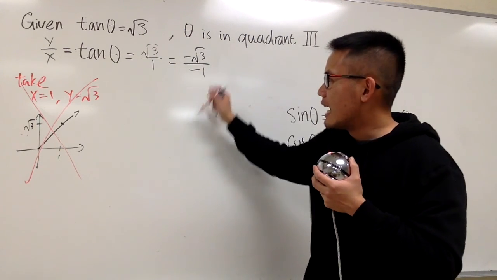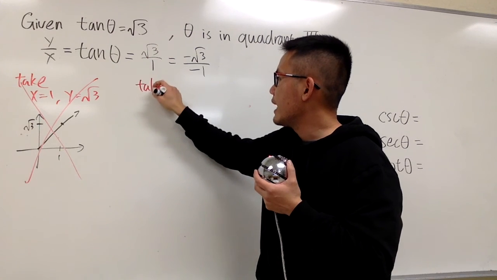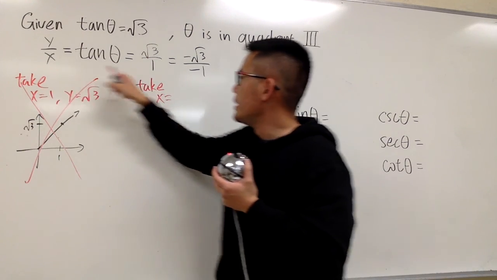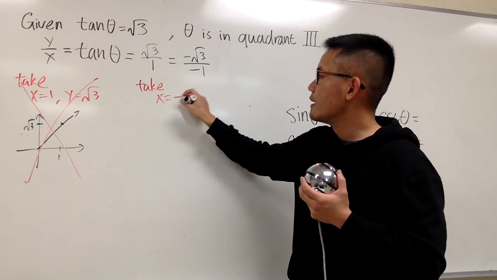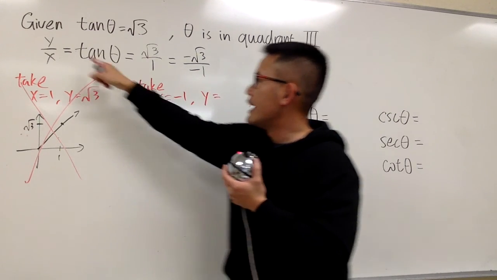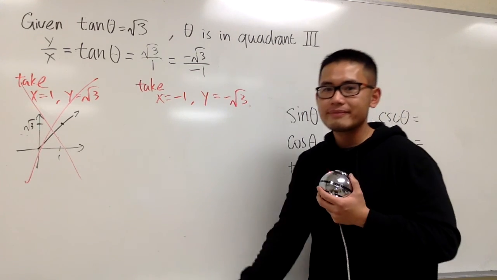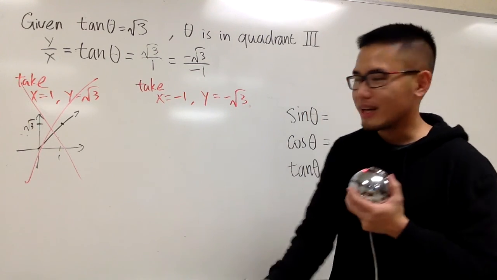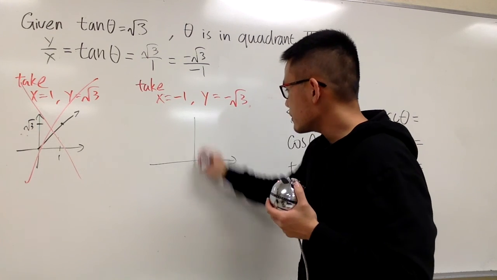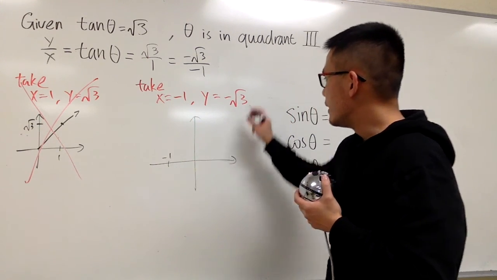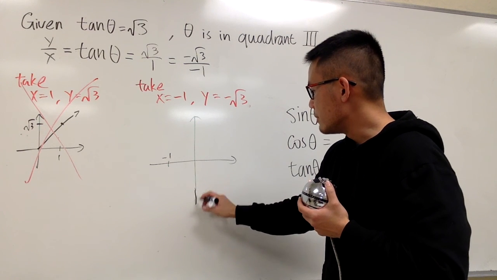And when I write this down, we can take x to be negative 1, and y to be negative square root of 3. And I can come up with the correct picture real quick right here. You will see that when x is negative 1, which is right here, and y is negative square root of 3, let me just draw it down below.